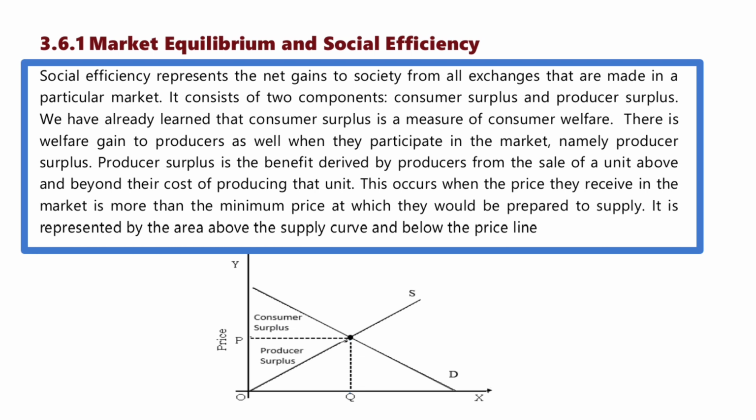When the price is at equilibrium, the consumer is happy and makes a consumer surplus, and at the same time the producer is also making a surplus. It's called producer surplus. Consumer surplus we call consumer welfare, and the producer surplus, alternatively, is producer's welfare. So this point is the social efficiency point.